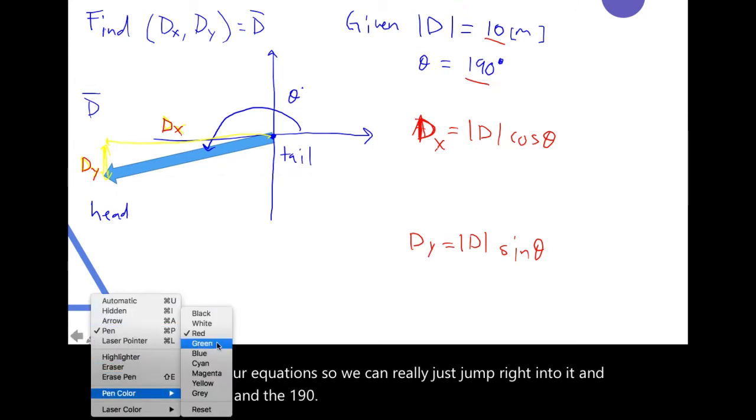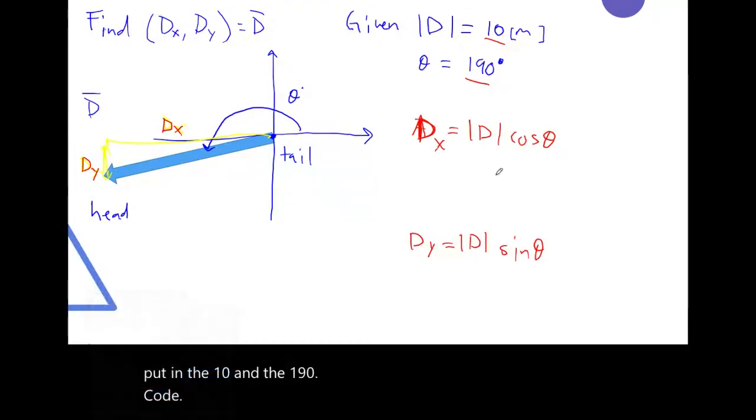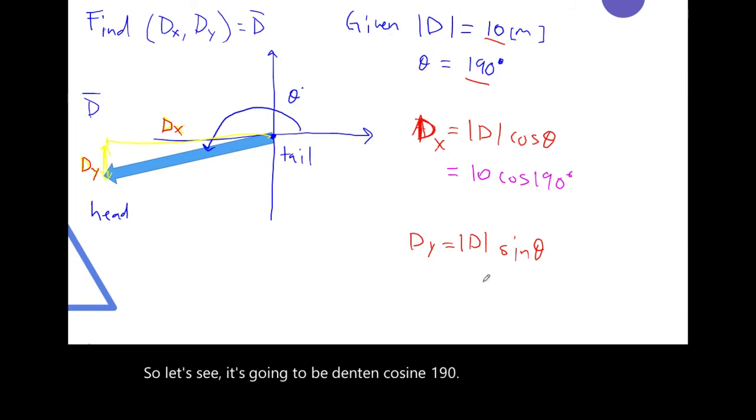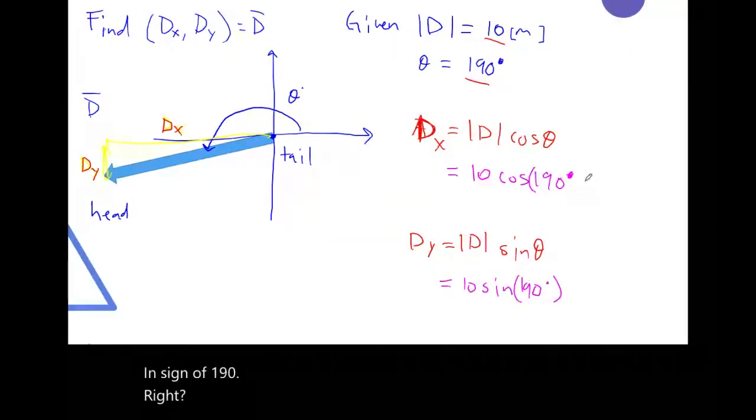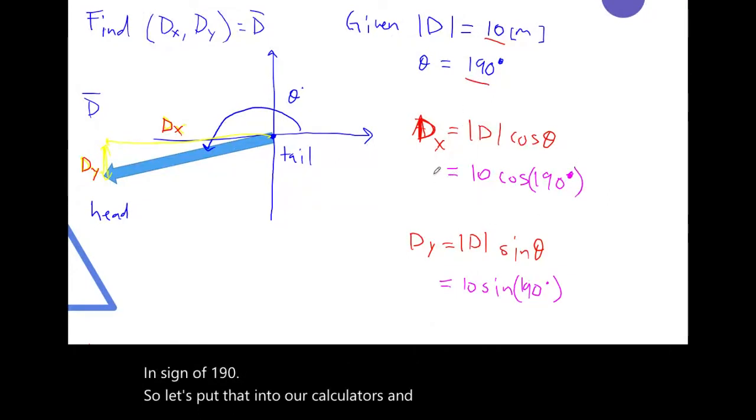Let's get a different color. So let's see. That's going to be then 10 cosine 190. We also have 10 sine of 190. Alright. So let's put that into our calculators and we'll get something like this.